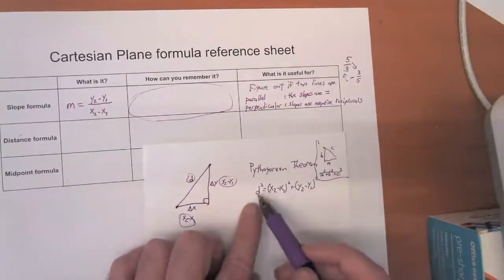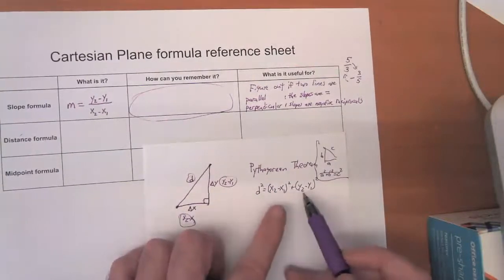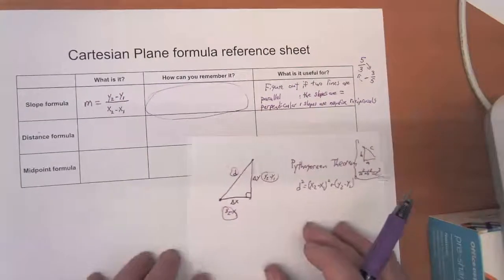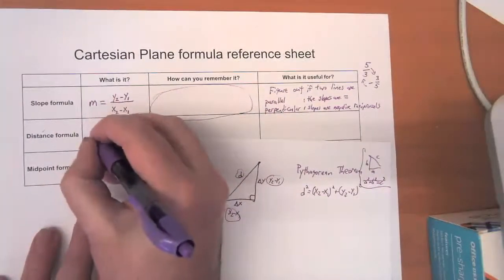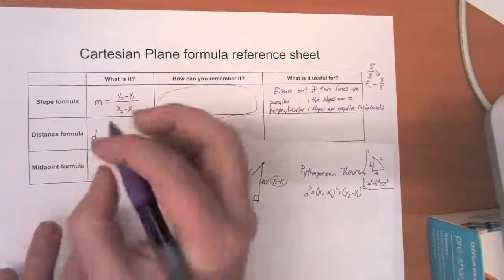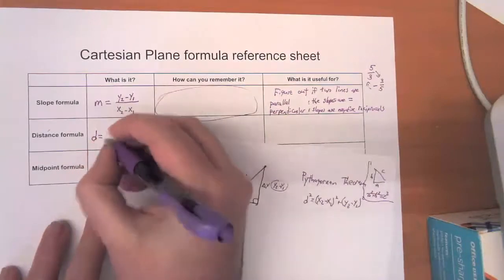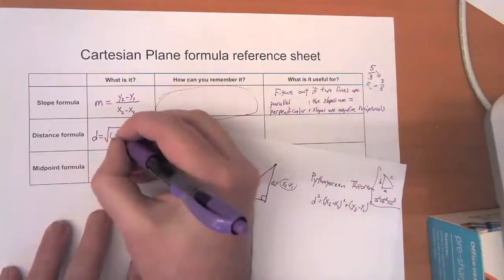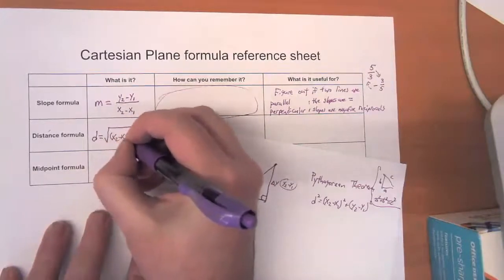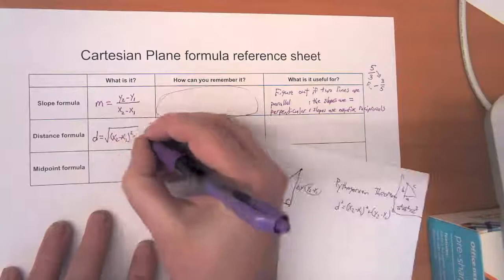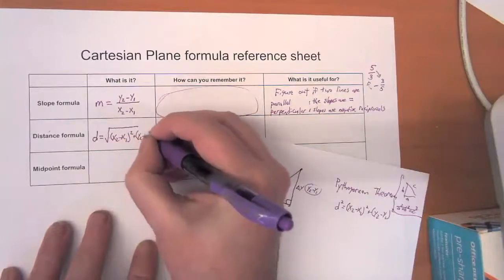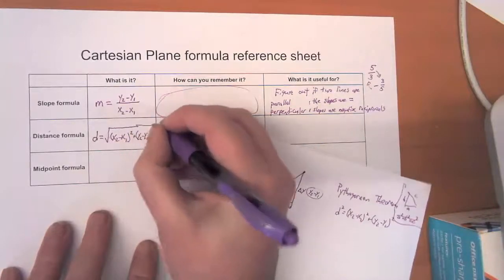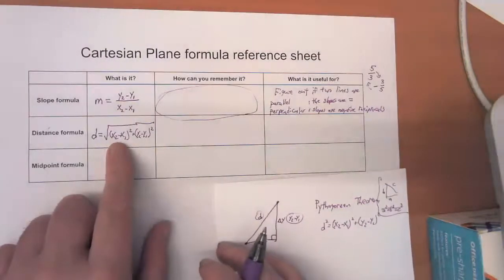So what do I have to do to a d squared to turn it into d? And then I need to do that to the other side of the equation. And the inverse of taking the square of something is taking the square root of it. So d equals the square root of x2 minus x1 squared plus y2 minus y1 squared. All right, that is what the distance formula is.